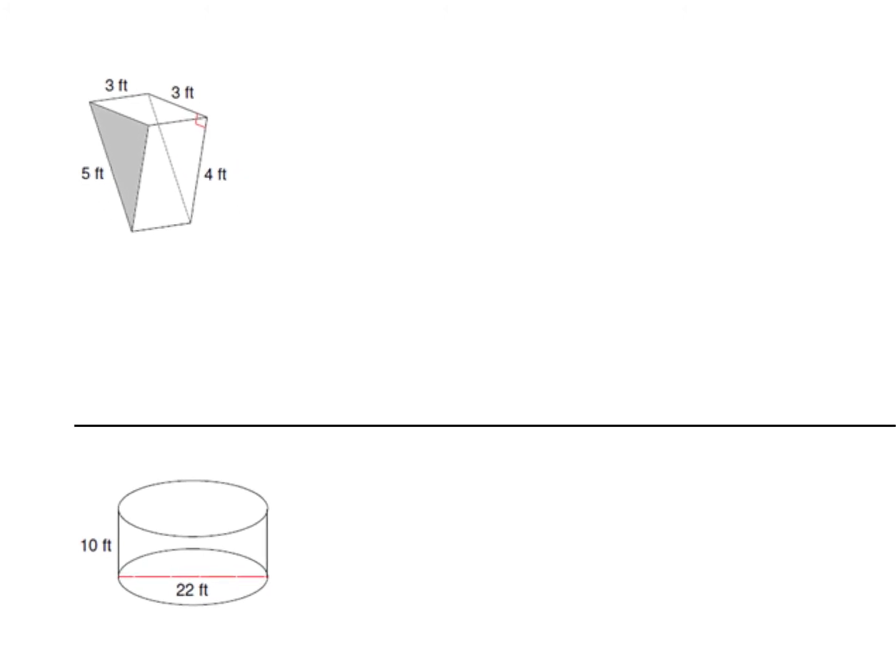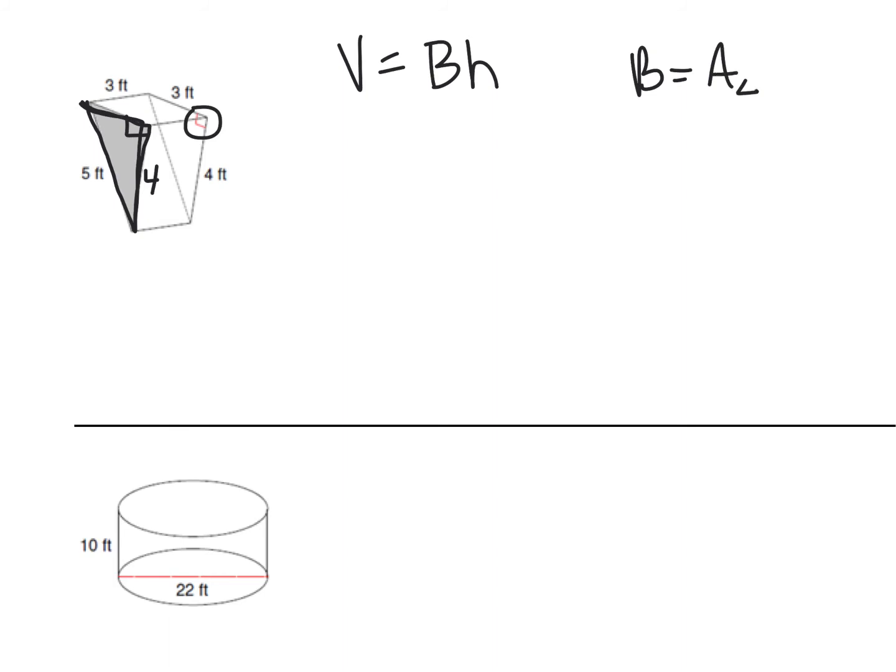All right, so we see our base is the triangle, and it happens to be a right triangle, and its legs are 4 and 3. So for the volume, we want to get our base area. So the base area is the area of the triangle.